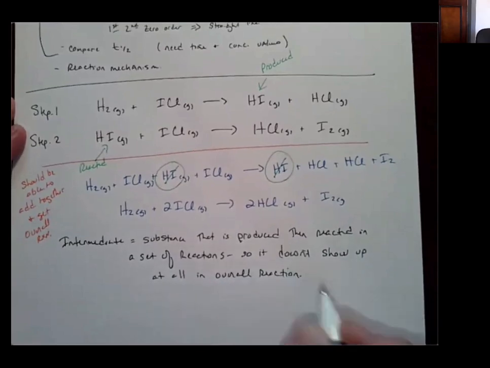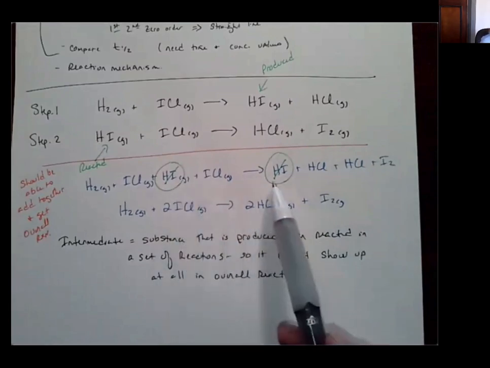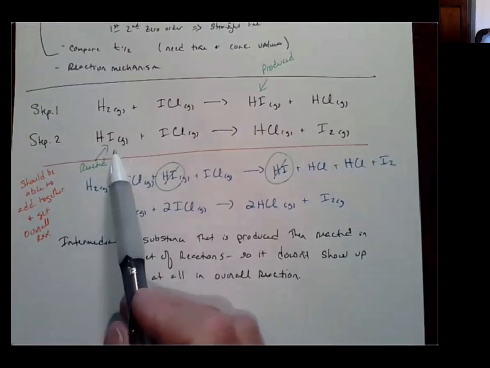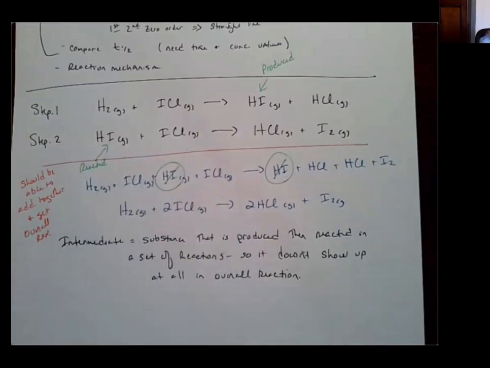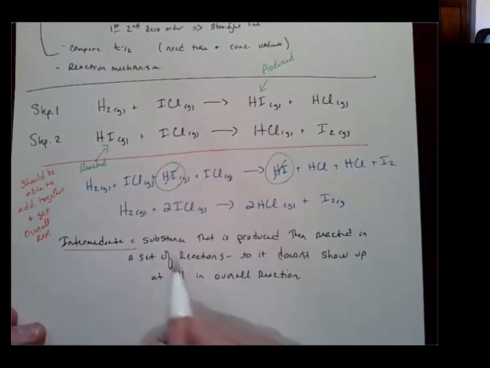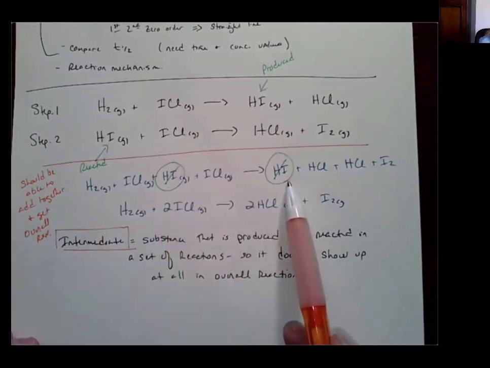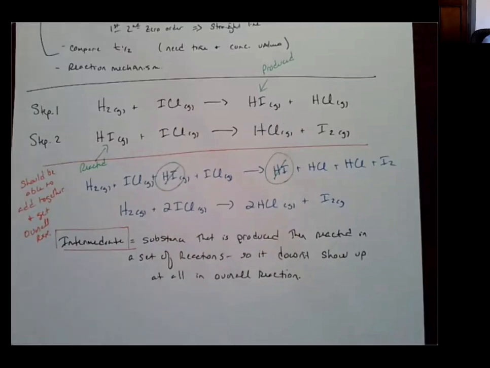So if you didn't have these individual steps here, you would never know that HI was actually part of this process, that it's produced in step 1 and then consumed in step 2. And so that's the definition of an intermediate. An intermediate is produced, then consumed. In intermediates, when we get to the overall reaction, they're going to cancel each other out because I'll have them on the reactant side and the product side because they're produced and reacted. So they cancel each other out. So you never actually see them in the overall reaction. All right, so this would be an example of a set of steps for an overall chemical reaction.